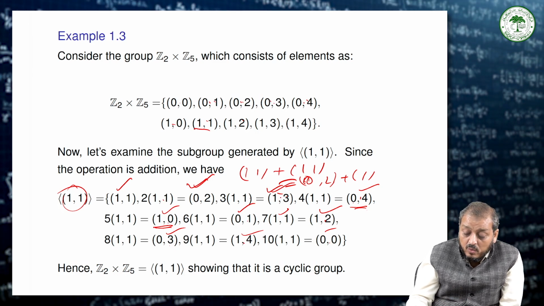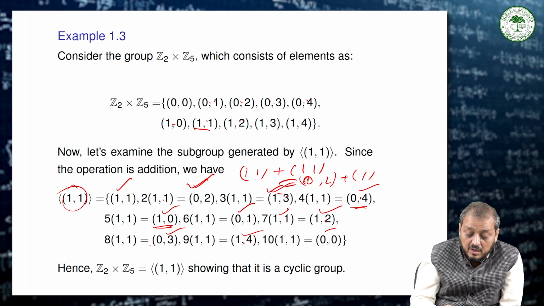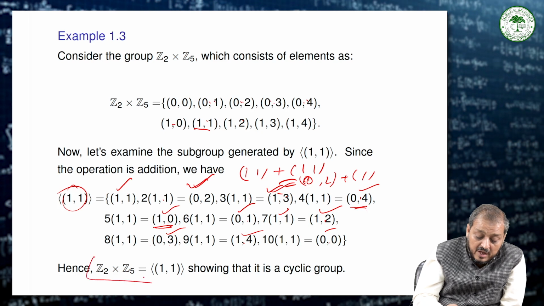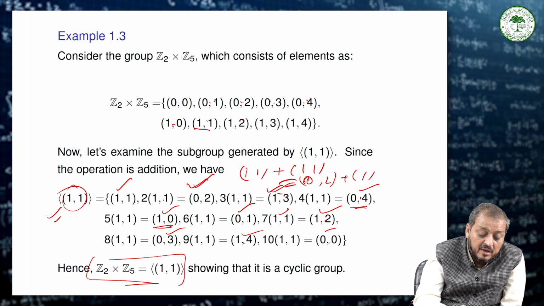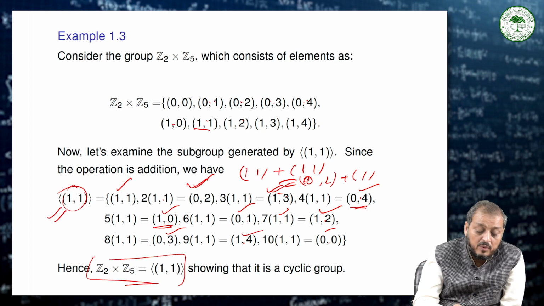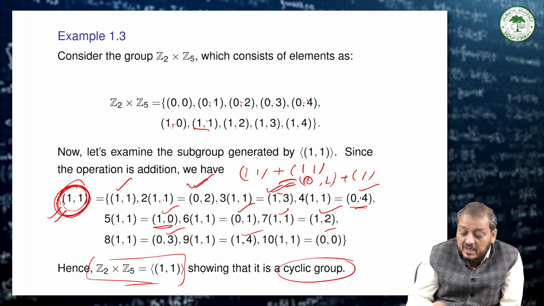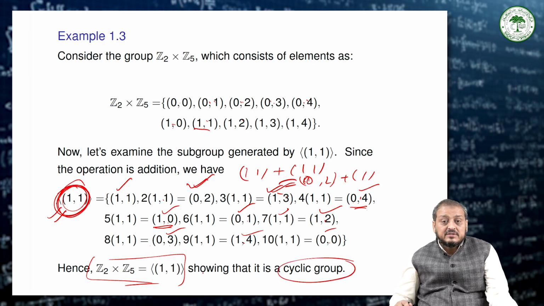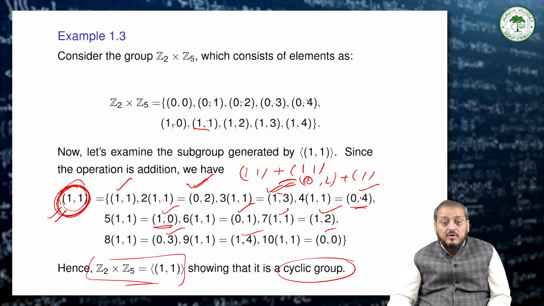So this means Z2 cross Z5 is generated by this element 1 comma 1. If it is generated by this, this clearly means this is a cyclic group.